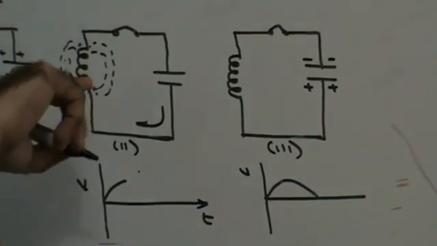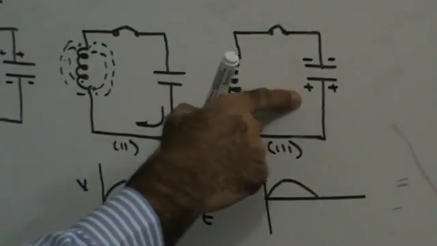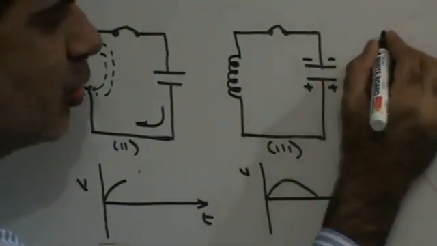Then the capacitor would now set up a magnetic field in the inductor in the opposite direction. Because it has been charged in the opposite direction, obviously it will set up a magnetic field in the inductor in opposite direction.